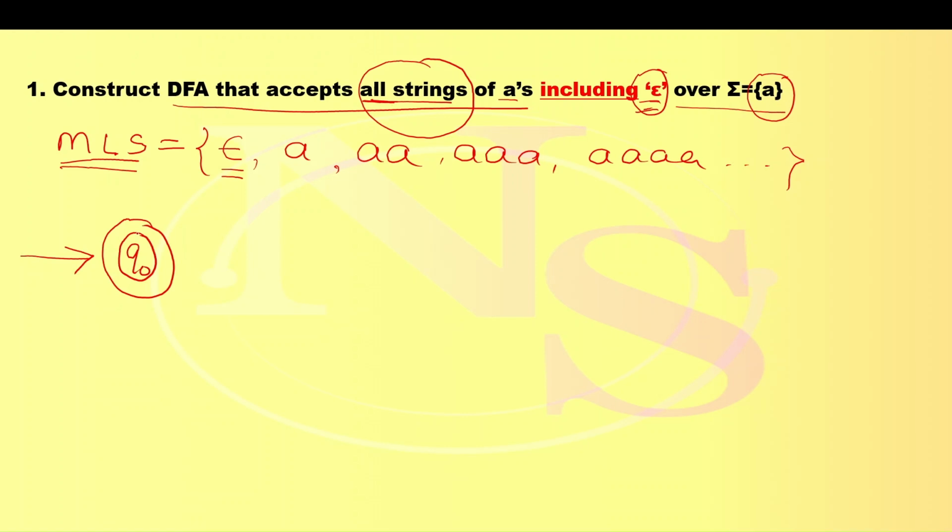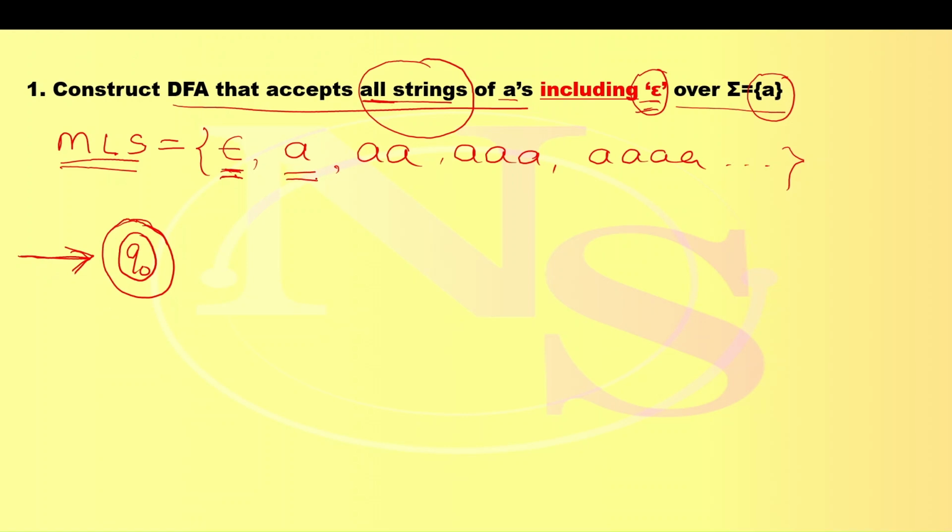Because conceptually epsilon is nothing but the empty string. Empty string means nothing, no input. Hence, when the automata is without any input symbol, it is going into the final state. Without any input symbol, the automata is reaching the final state. Hence, whenever epsilon is a part of the minimum length strings, our starting state becomes a final state.